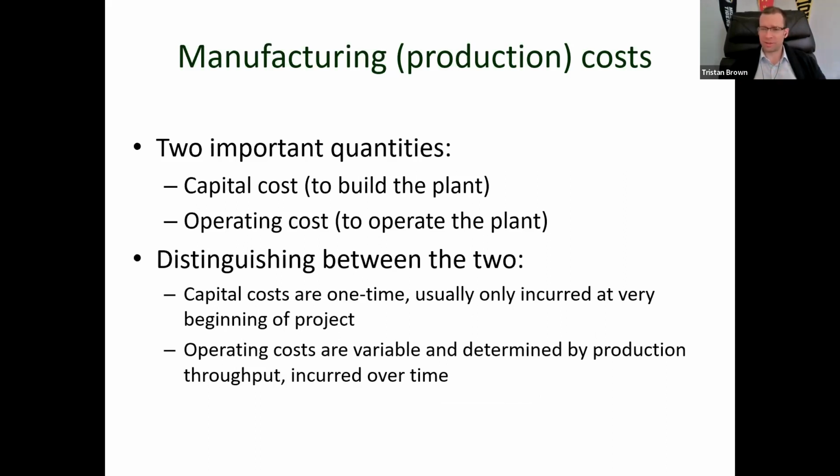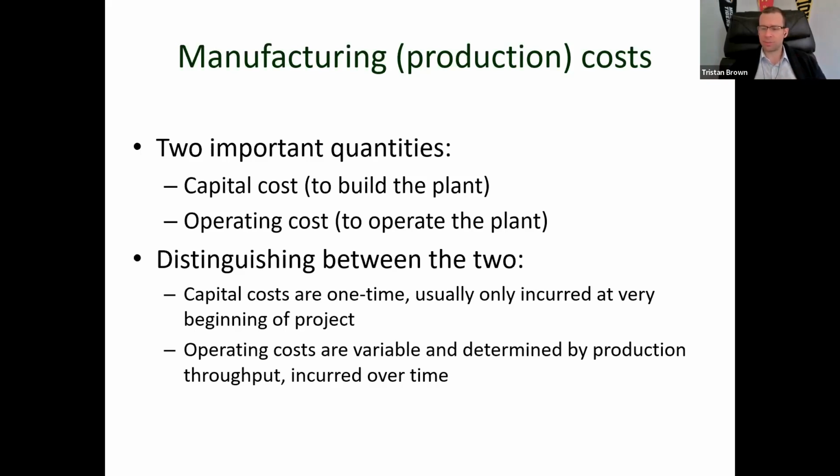So it's a very straightforward number. It's easy to understand. It's easy to then compare with the market price and figure out whether this is going to be competitive or not. But calculating a production cost is more difficult. There are two important quantities, two variables, that we have to know in order to do that. The first is the capital cost, and the second is the operating cost. And these are two different things.